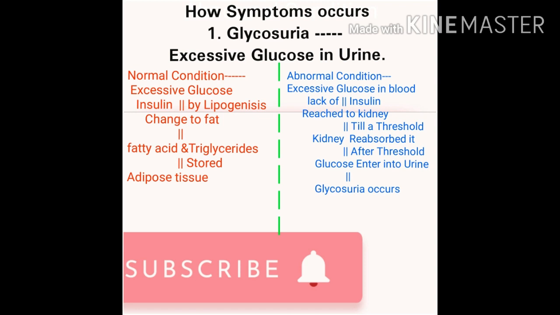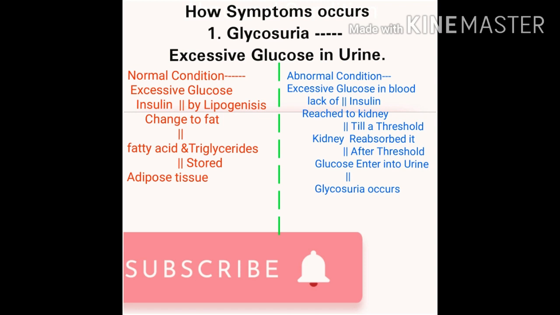In the normal condition, if we take excessive glucose in the form of carbohydrate, or excessive sweets, glucose automatically increases in the blood. In the normal condition, insulin starts secretion by that time, and it changes the excessive glucose into fat.